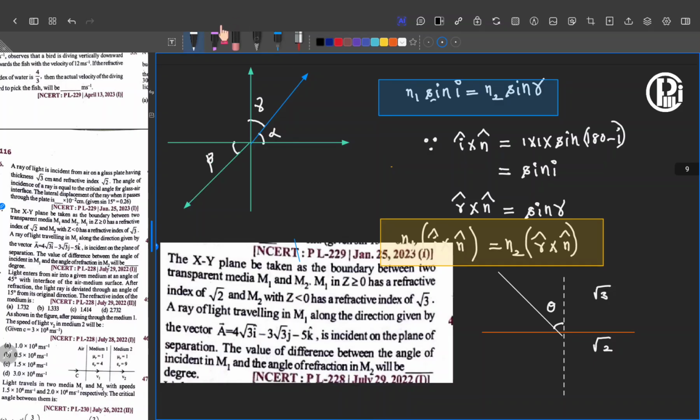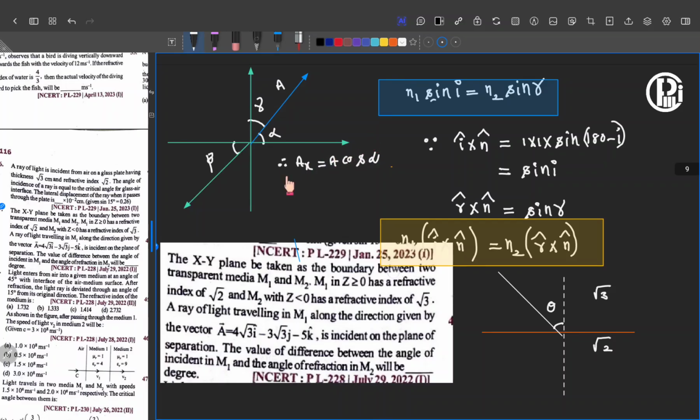For example, this vector has a magnitude a. If I split it into components, there will be one component along the x-axis, one along y, and one along z. Along x the component is ax, which I can write as a cos alpha.